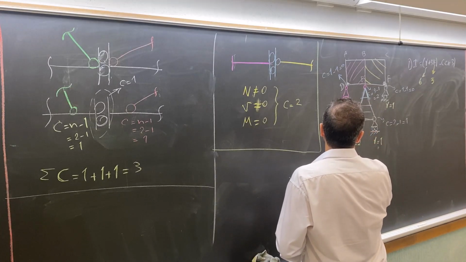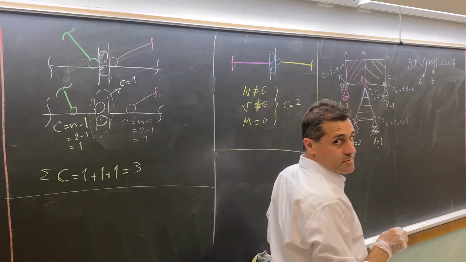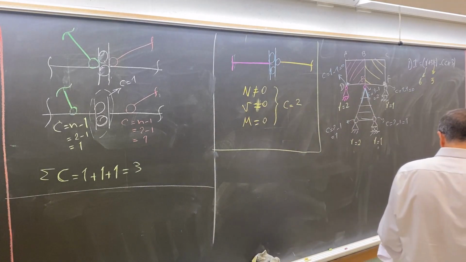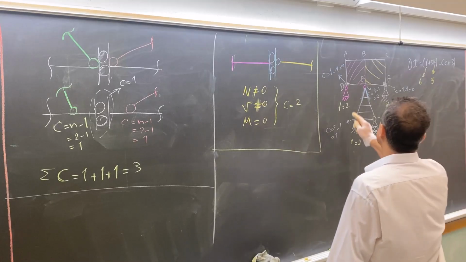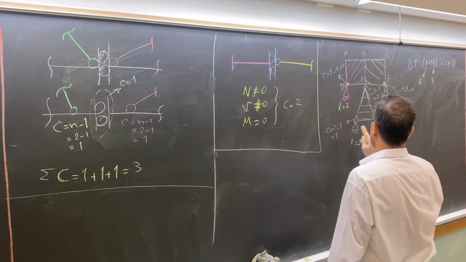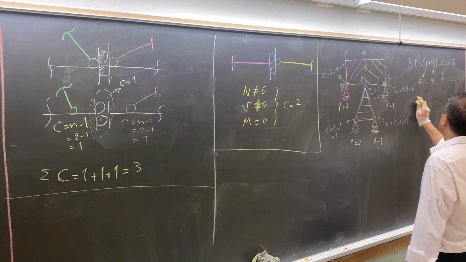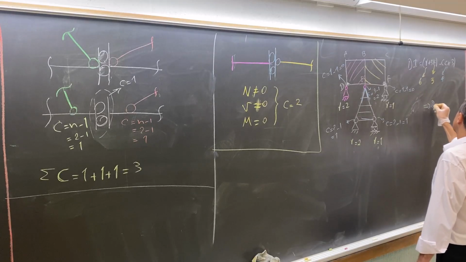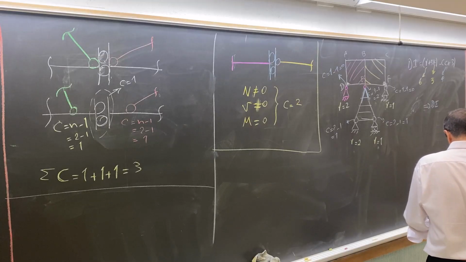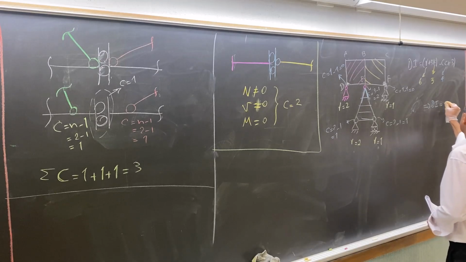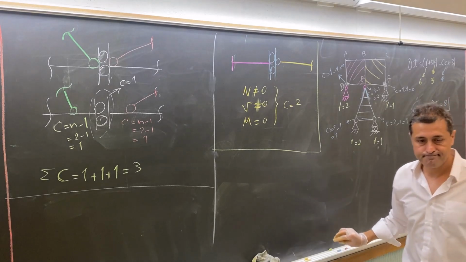Here C is 2 minus 1, which is 1. So you add them up together, C is 0, 0, 2 plus 1 plus 1. So C is 4. So at the end, Di is 8. That's it. Enough for today.